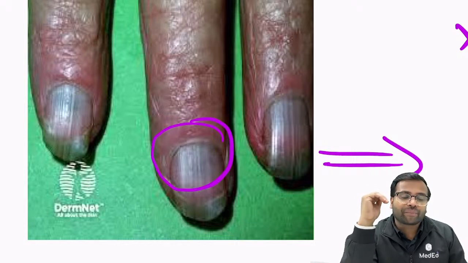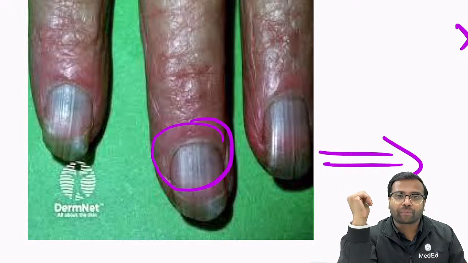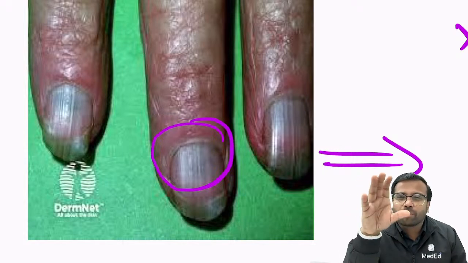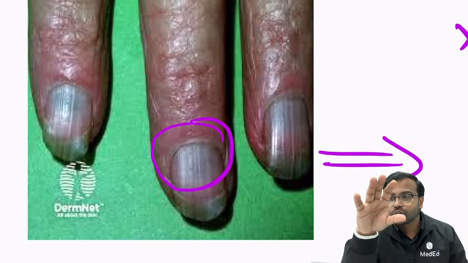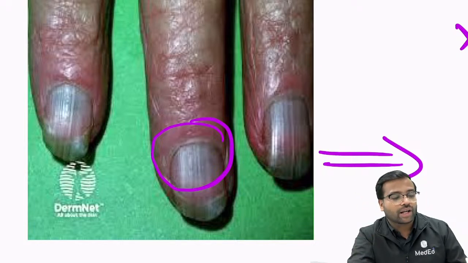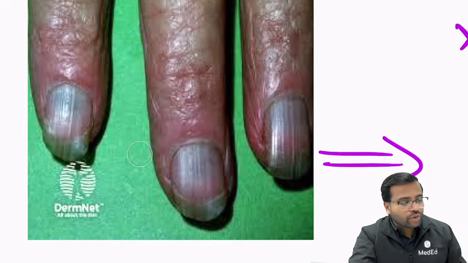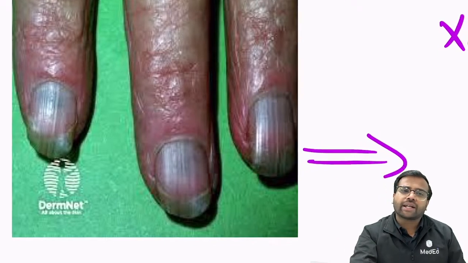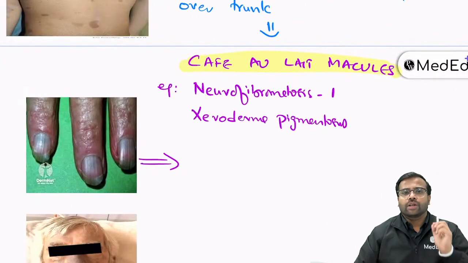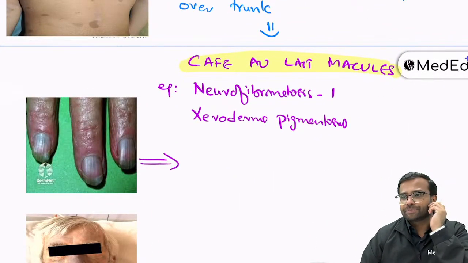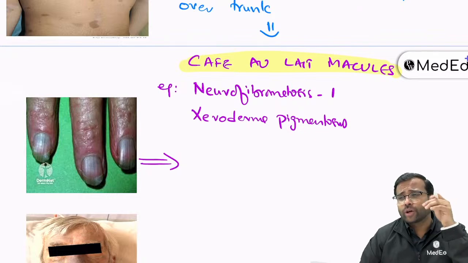So what color change do you see here? You can see that there is a grayish color or a bluish color, isn't it? Whenever you see a discoloration like this, I shift my focus. Virendra is saying pseudomonas. Excellent.